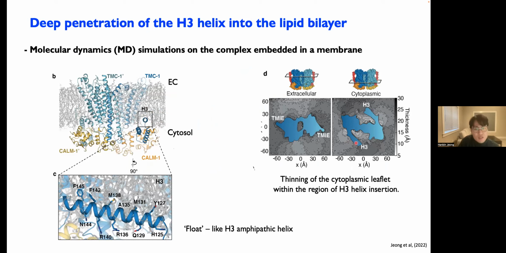And it caused the membrane bilayer to thin. And this group of 3 helices is pretty close to the pore of TMC1. So just wild speculation, if the membrane thins, these helices rise, moving up and down like a float, and this may be involved in the gating mechanism of the TMC1 complex.